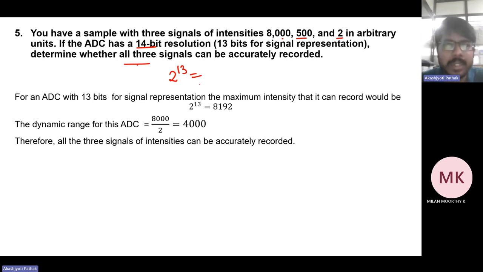So let's look at the solution to this question. 2 to the power 13 is 8192. Okay. And what will be the dynamic range for this ADC? We just discussed that the dynamic range is the maximum intensity divided by the minimum intensity.